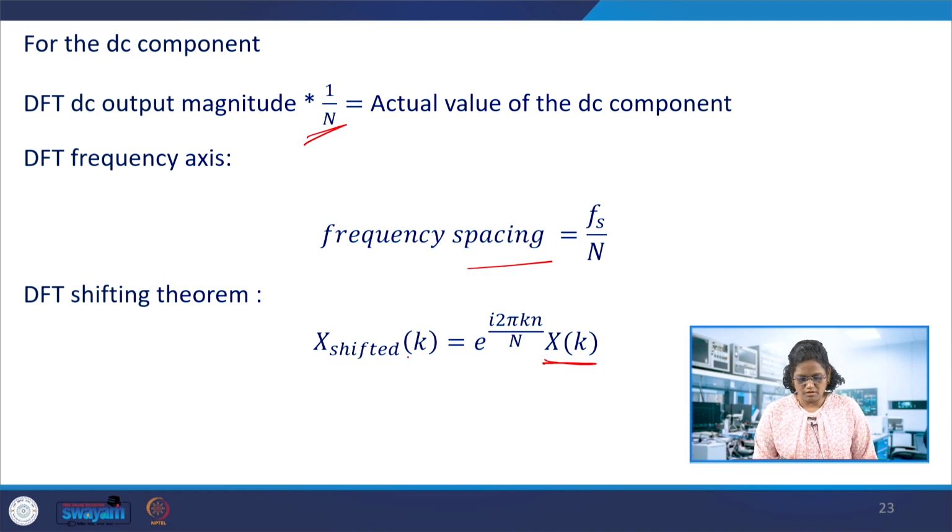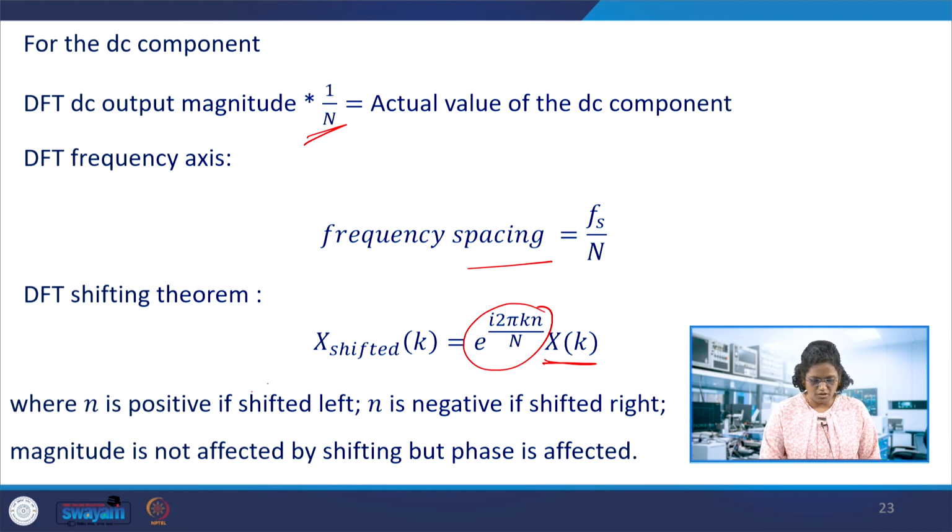If you want the signal shifted in time, either to the left side or right side, then it can be multiplied accordingly with the factor e power j 2 pi k n by N. This n is the shift we can apply, and if we know the spectrum of the signal, the shifted spectrum also can be obtained from this. That is a property of the DFT. So, n is positive if shifted left, and n will be negative if shifted right.